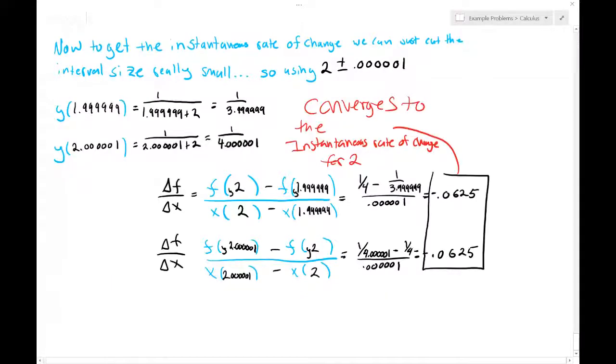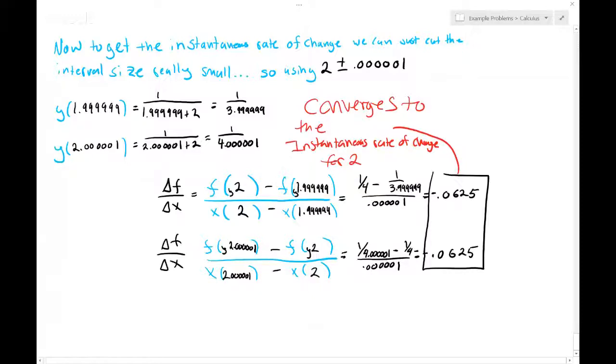We can get y of 1.999999 and y of 2.000001, which in turn outputs 1 over 3.99, etc., and 1 over 4.00, etc. If we run those through our average rate of change formula again, we end up with values that are basically the same, negative 0.0625 and negative 0.0625, which shows that it converges to the instantaneous rate of change.